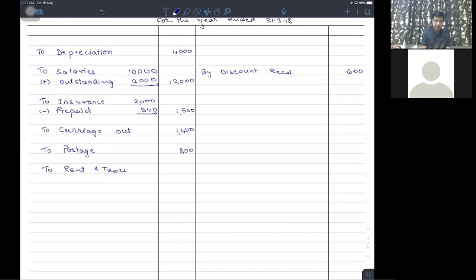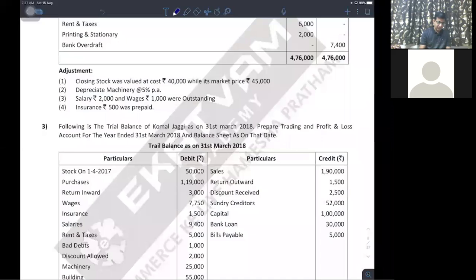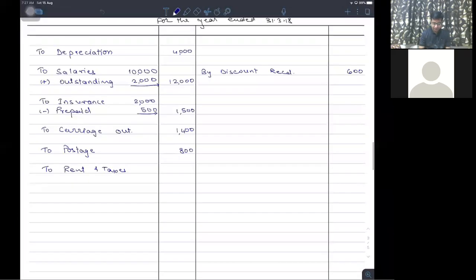Taxes are nothing but the property tax here. 6,000, to printing and stationery rupees 2,000. Is it right?